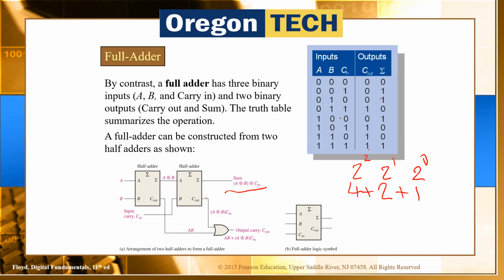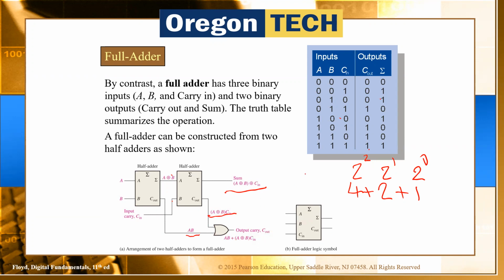And for C out, what am I getting? As I did before, for this C out I am getting the AND of those two. Those are ANDed, and now my final carry will be an OR gate: this one or this one.